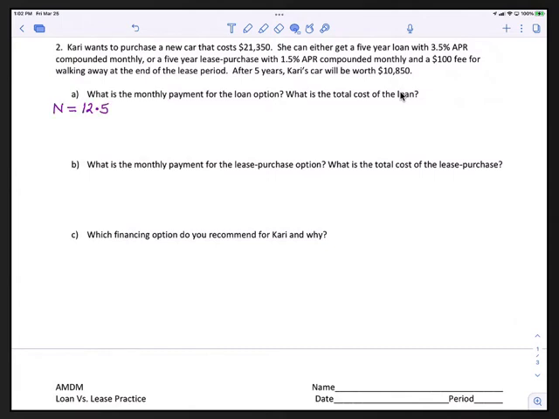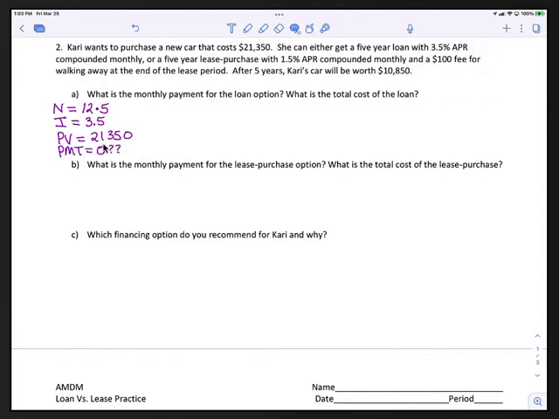All right, so in order to find the monthly payment, we need to use our TVM calculator. N is going to be 12 months times 5 years. I is the interest rate of 3.5. The present value is the price of the car, that's $21,350.